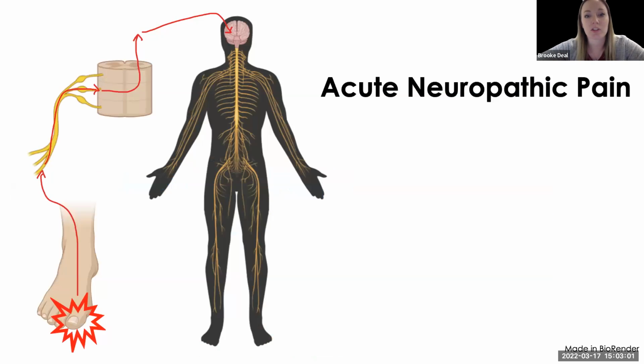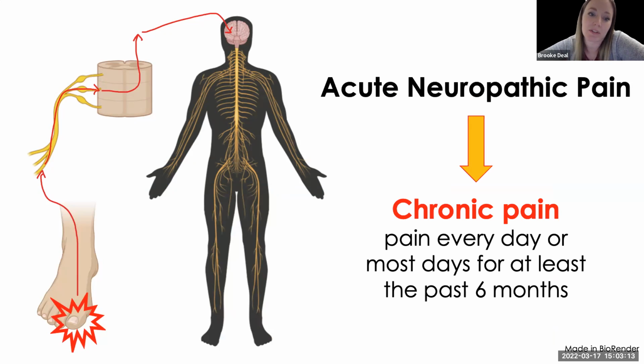And when you experience neuropathic pain, something like you stub your toe, it goes to your brain, and this happens over and over again. Sometimes sensitization of the nerves can occur where chronic pain happens. And chronic pain is pain that you experience every day or almost every day for about 6 months.